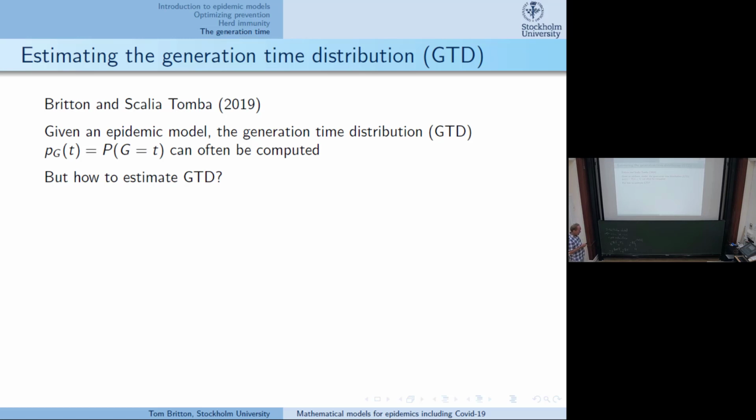I think all papers I've seen about the generation time estimate were from China in the early phase of the first wave, and that was estimated, like it nearly always is, from what is called contact tracing. So you find infected people and try to find out.